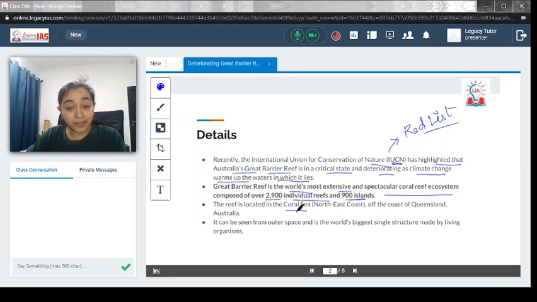It is located in the Coral Sea, so the sea got its name from the coral reef itself, off the coast of Queensland in Australia. The interesting fact about it is that it can be seen from outer space and is the biggest single structure made by a living organism. These are the basic trivia you could know about the Great Barrier Reef.